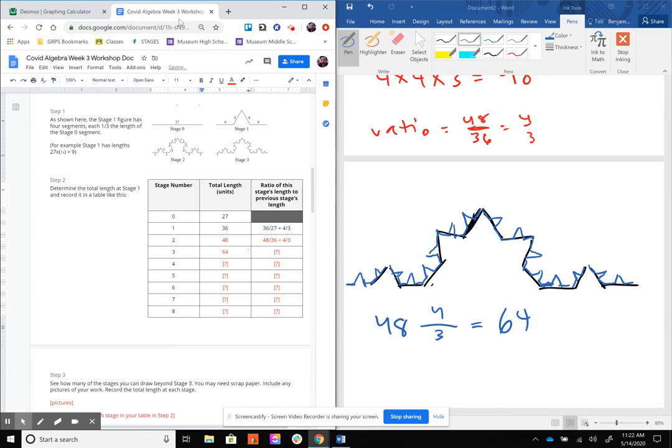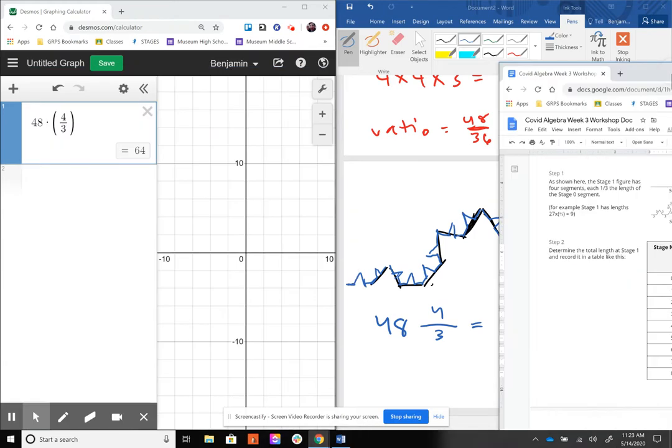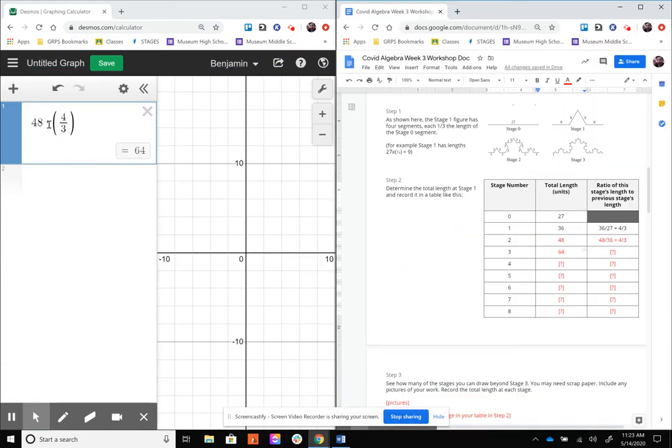I might actually just continue to do that. So let's times by 4/3. I get 85.3 repeating, so 85 and a third. We get the idea.